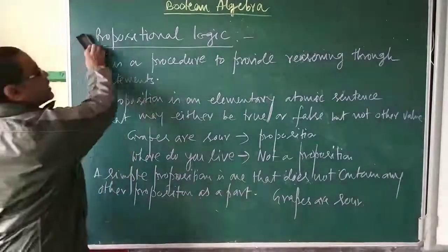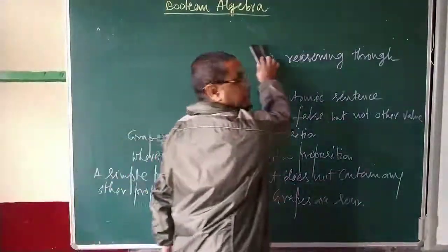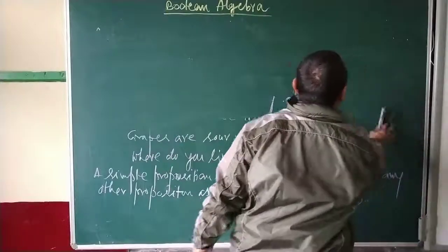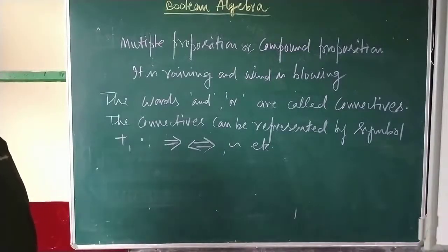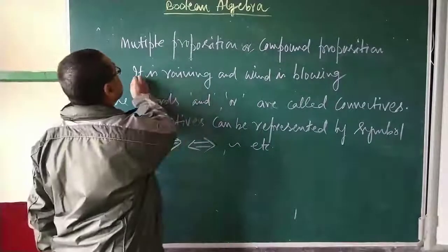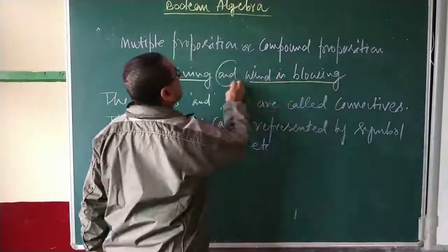Now we are coming to the multiple proposition. A multiple proposition, or compound proposition, is a proposition with two sentences. For example, it is raining and wind is blowing. Here it is raining is one proposition, wind is blowing is another proposition, connected by and.